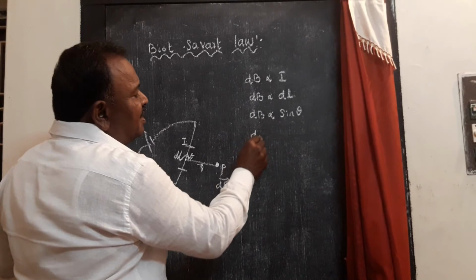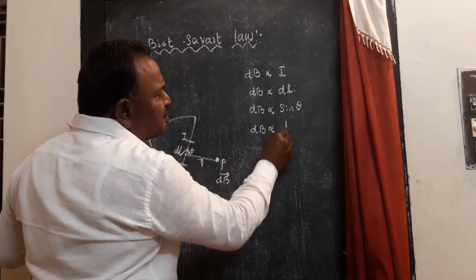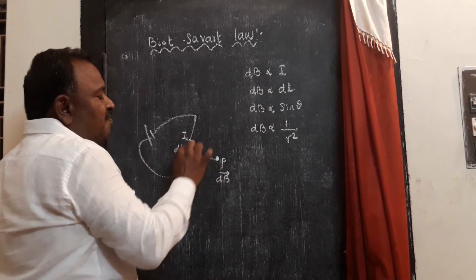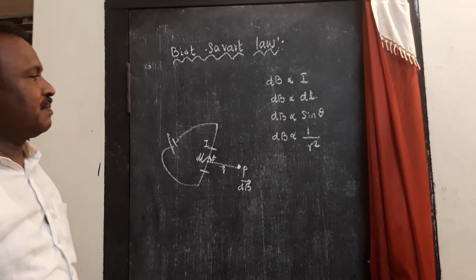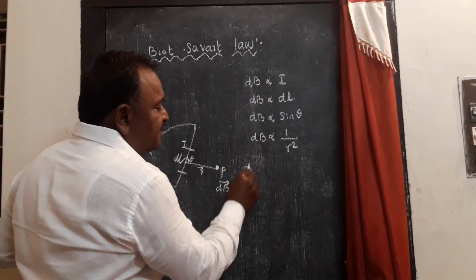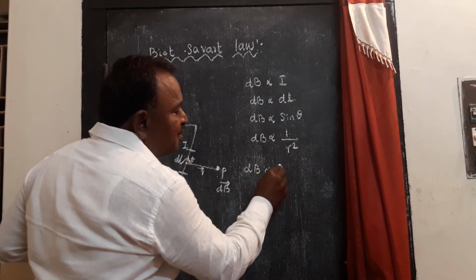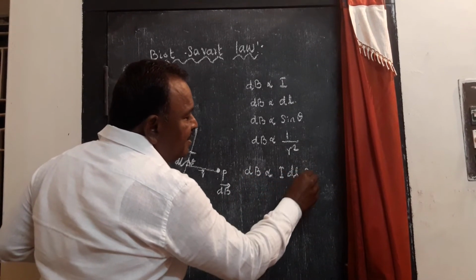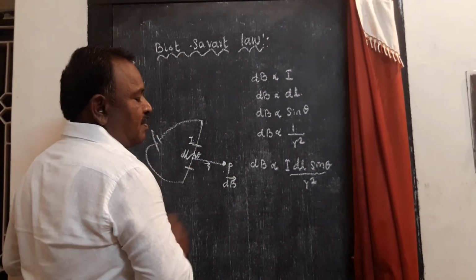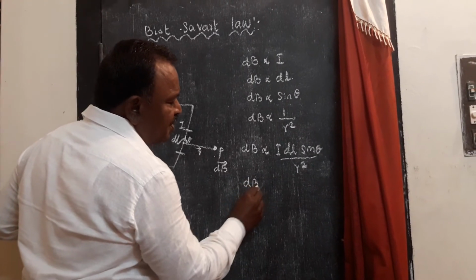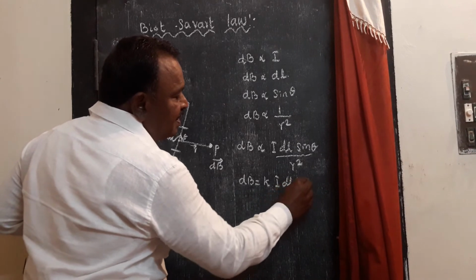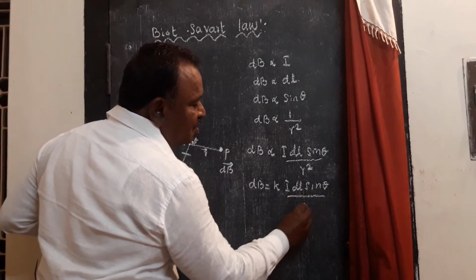And dB is inversely proportional to the square of the distance of that point from the center of the current element. Combining all these four, we can write dB is proportional to I dl sine theta by r square, or dB is equal to k into I dl sine theta by r square.